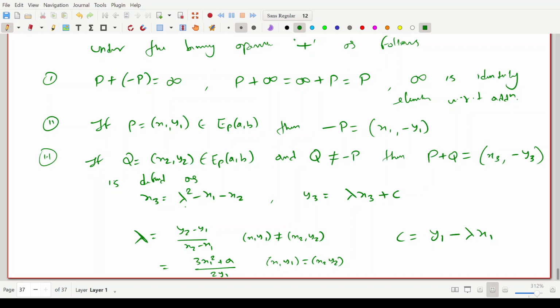Now the question is how we got this thing, correct? So let us see the geometrical explanation of the addition operation. How do we arrive at this point?